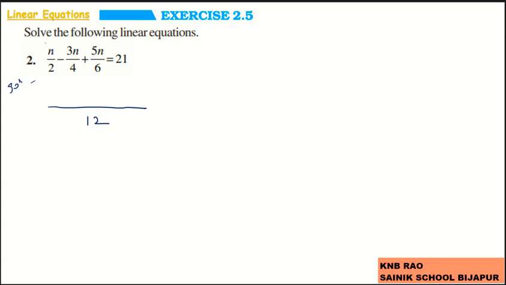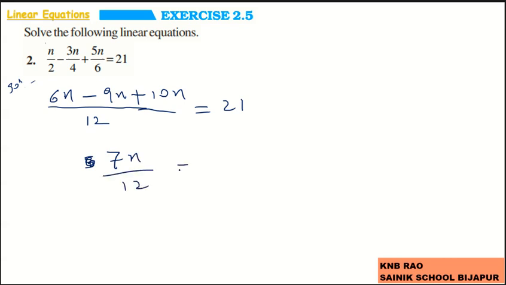So n by 2, this term will give you 6n, minus 3n by 4 gives you 9n, because 4 3s are 12, that 3 is multiplied here, 6 2s are 12, that 2 is multiplied here, so plus 10n equals 21.